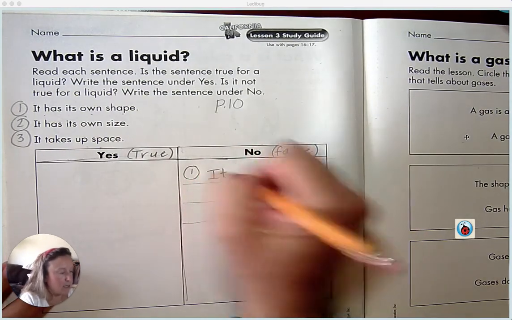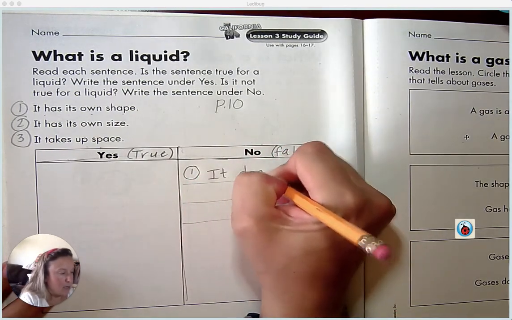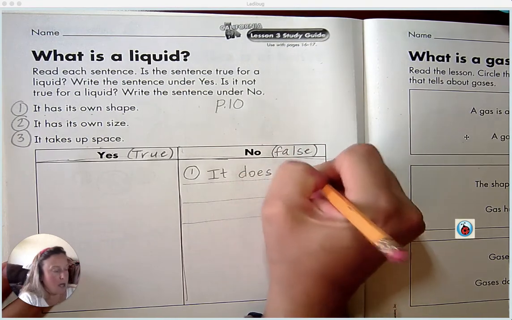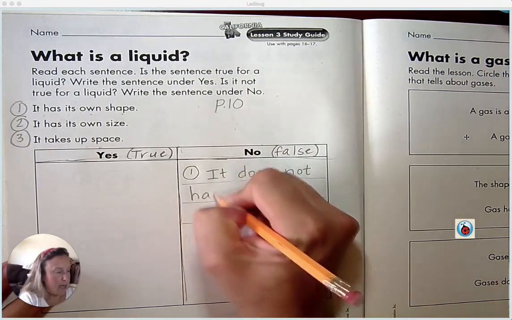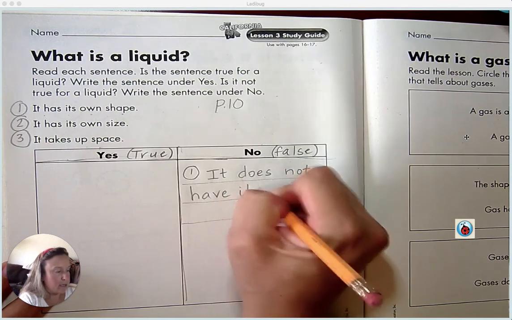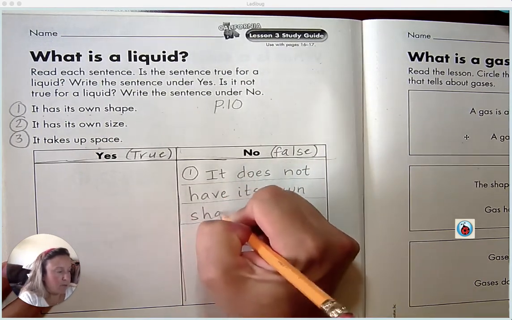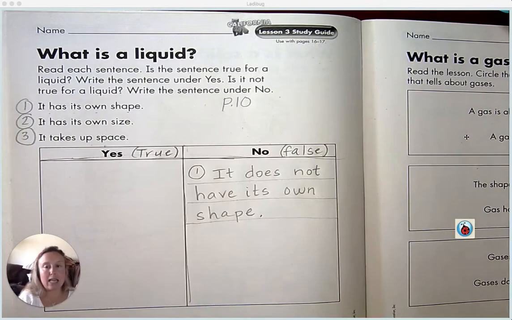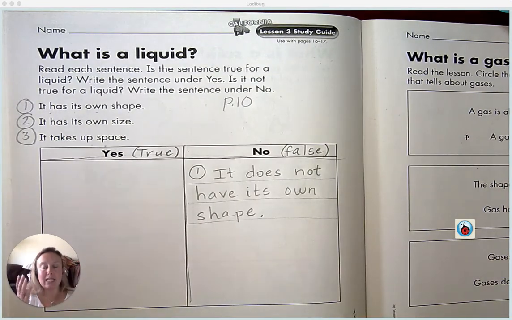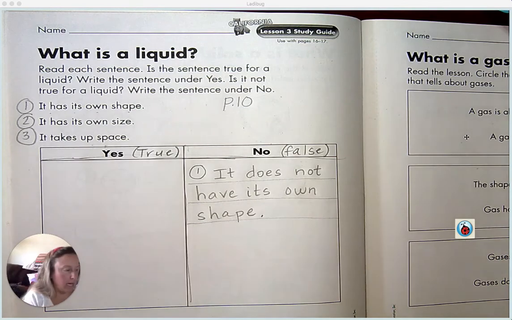It does not have its own shape. If you remember, how does it get its shape? By the container that it holds, okay?